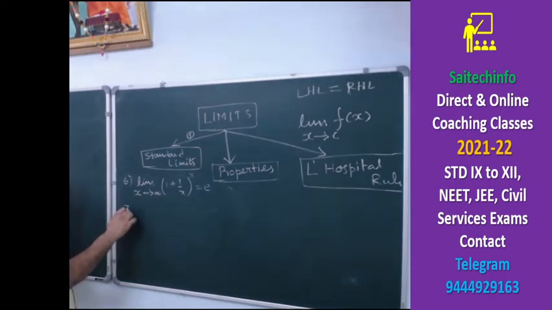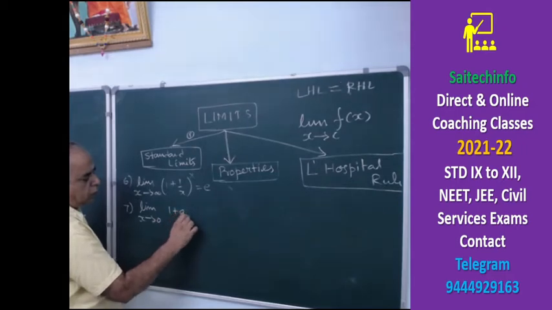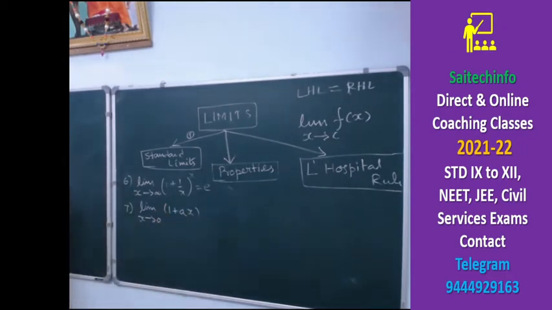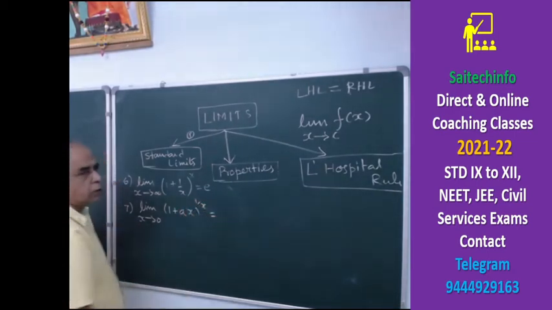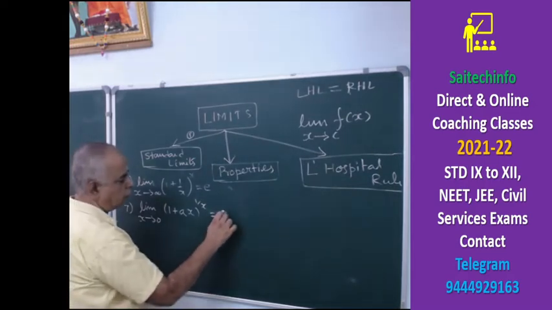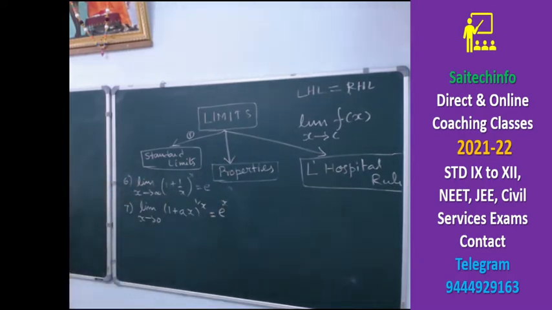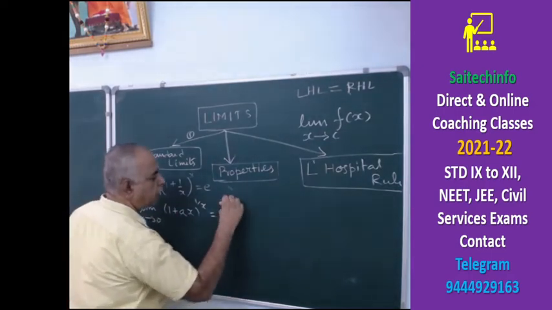Then 7, limit x approaches 0 for the function 1 plus ax whole power 1 by x is given as e power x. But it's not e power x, it should be e power a.